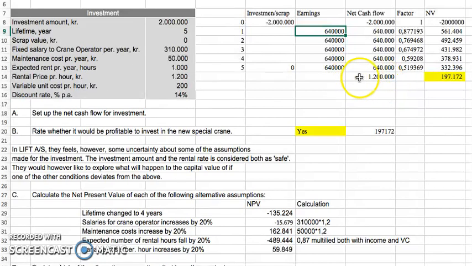Then at the end, 1.2 million. Then the tricky part comes, because we also need to know, will it actually make sense for us to make this investment? And this is given by the sum of all of this.